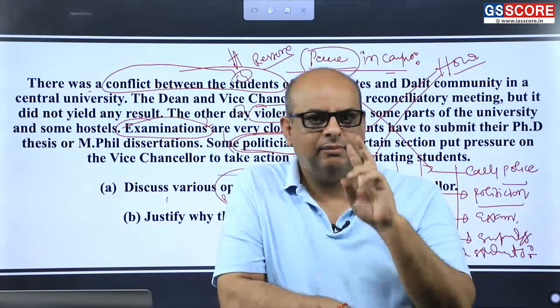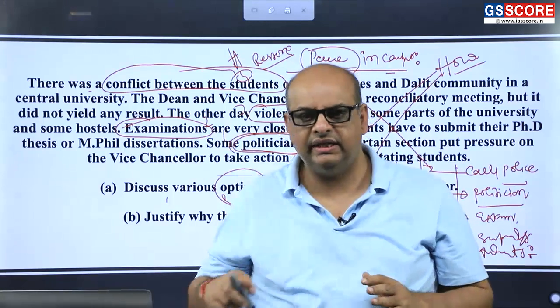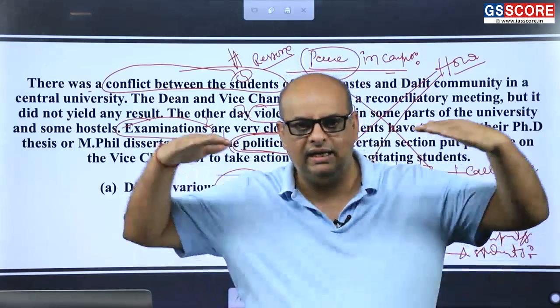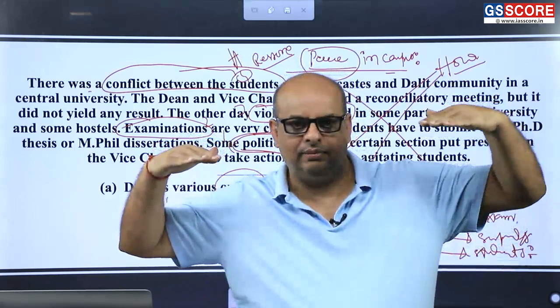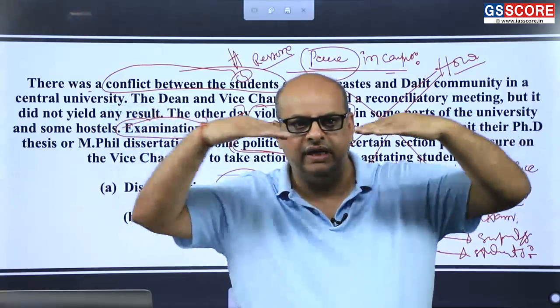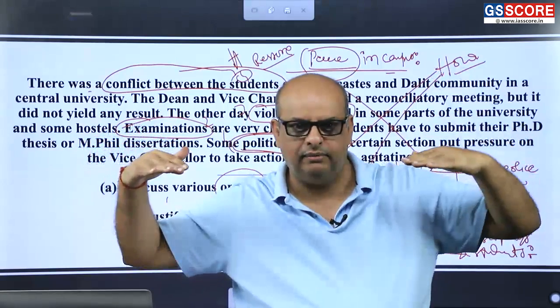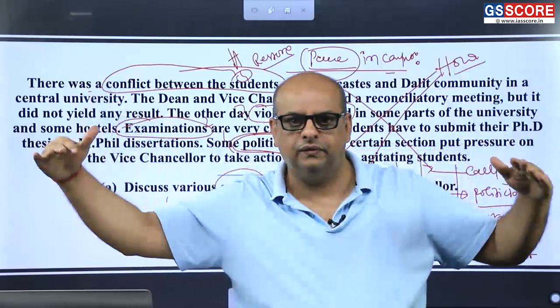It's basically about 3 things. So 3 things you have to align in your answer. Number 1, the problem. Number 2, the objective you want to achieve, and the process you follow. I repeat my sentence: problem, objective, and the process you follow.